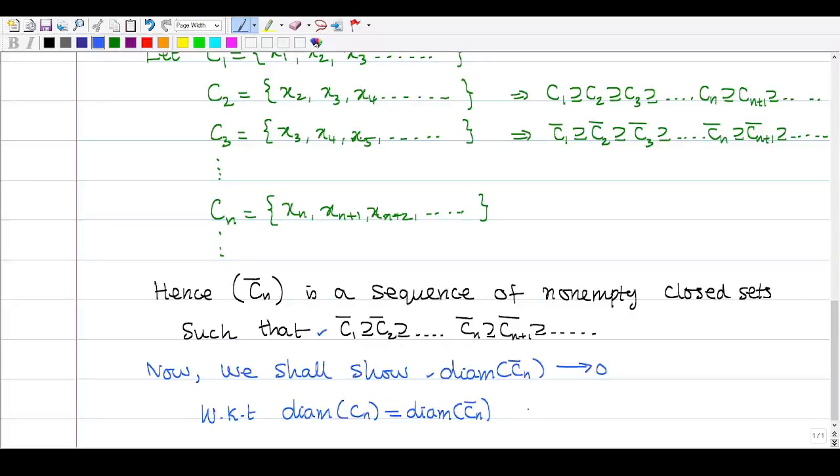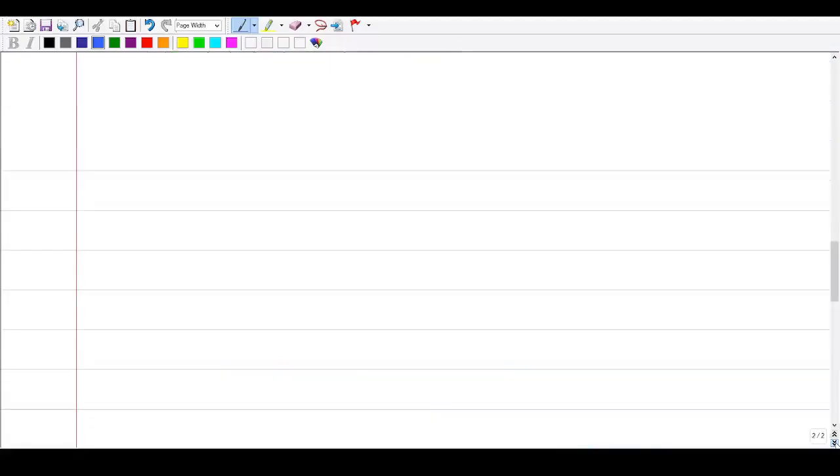Hence enough to show, enough to show எது சொன்னா போதும்னு சொல்லியிருக்கேன். This fellow diameter of Cn converges to 0 னு சொன்னா போதும். வேற எதுவுமே கிடையாது. Okay, sure, we'll come to the proof.